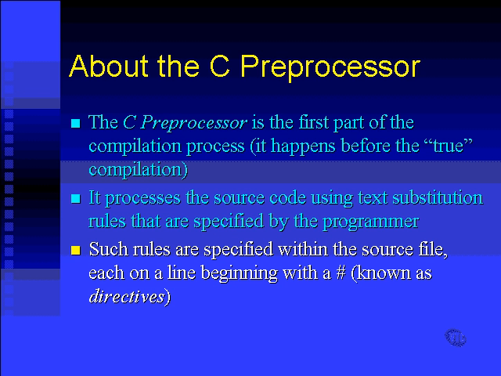I hope this is giving you some indication of what I mean by text substitution, and also what I mean by the fact that it happens before the regular compilation. Okay, but I'm still going to have to give you some more concrete examples. Before I can do that, of course, I'm going to have to go into some serious detail about each of these directives. Well, at least about the first one. We'll talk about hash include first.